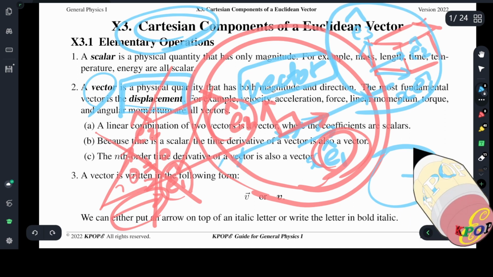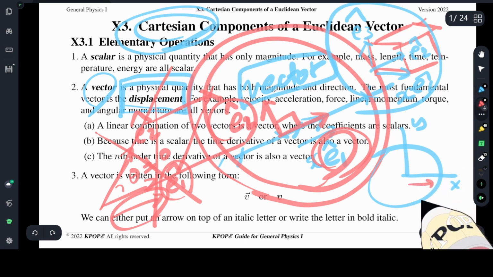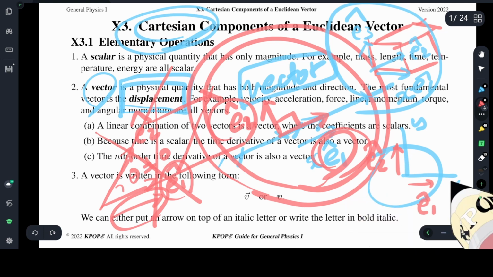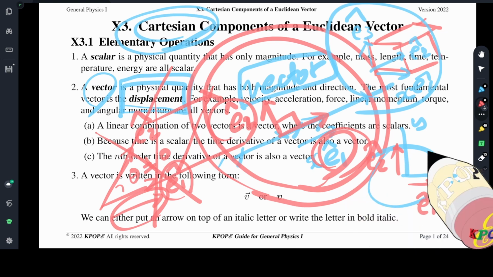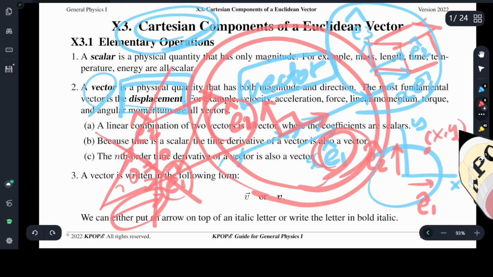We introduce a coordinate system, the two-dimensional coordinate system with x and y axes. Those basis vectors are e1 hat and e2 hat. If we introduce this kind of coordinate system, any point on a circle can be described by two coordinates, x and y.